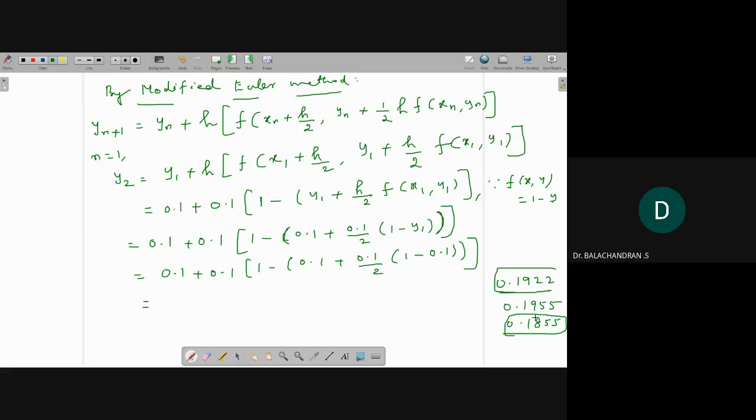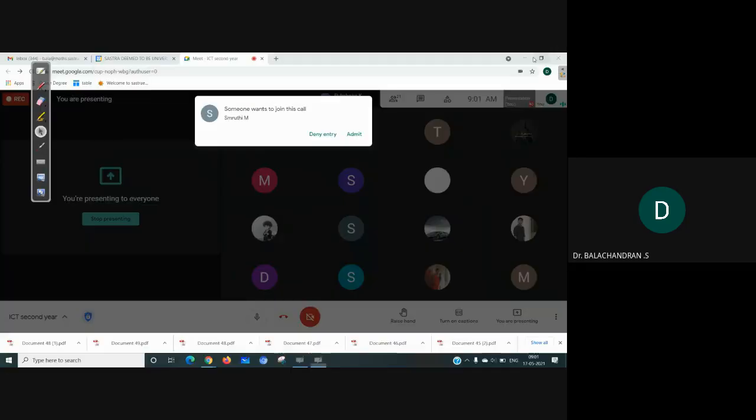Sometimes in the book there is also a printing mistake. I think at least two or three students got this answer. So I will write here 0.1855. Thank you for your answer.